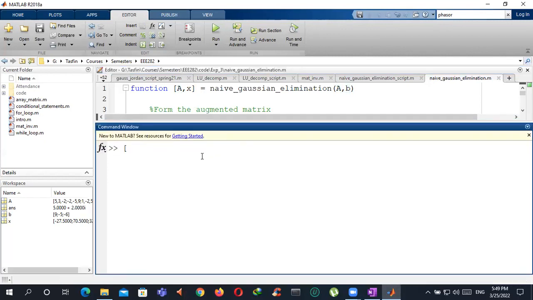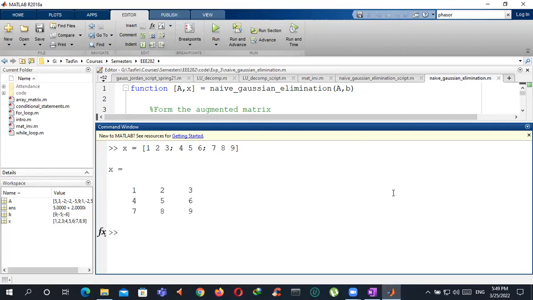Let's assume we have a matrix here called X that looks like this: 1, 2, 3, semicolon, 4, 5, 6, semicolon, 7, 8, 9. By the way, you can put a comma if you wish, or skip the comma. To separate two elements, you can give a comma or just a space. Both are the same.